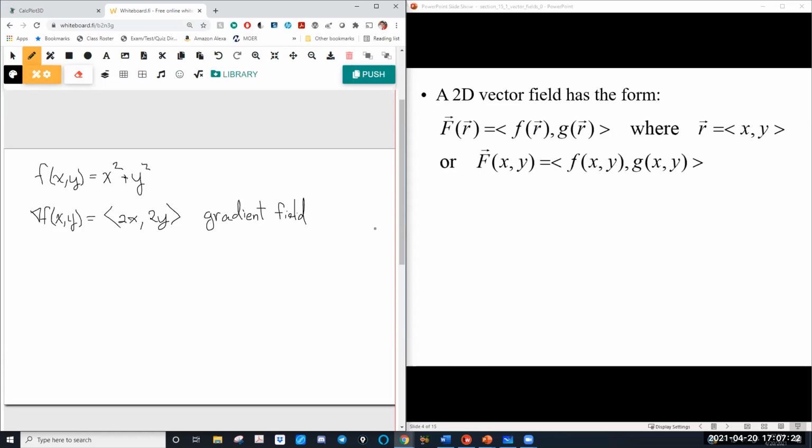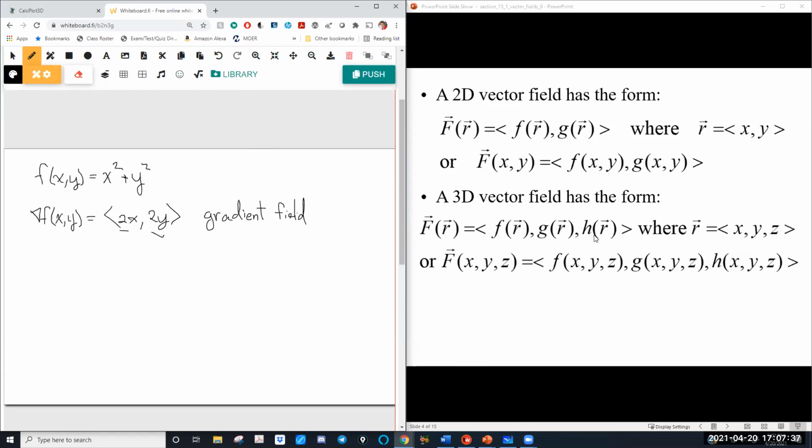But basically what we need to take from this is we'll see our vector fields like we have them here on the whiteboard, where we have our two components. We have our i component and our j component in 2D. A 3D vector field is very similar, except we add on the third component, all right? And now each of those components can be functions of 3 variables, because now we're in 3 space.